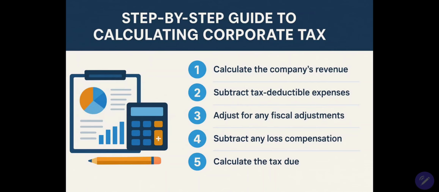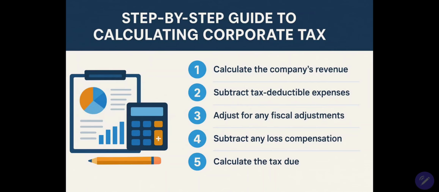You can see here there are 5 steps you have to understand to calculate corporate tax. Number 1. Calculate the company's revenue. Number 2. Subtract tax deductible expenses. Number 3.